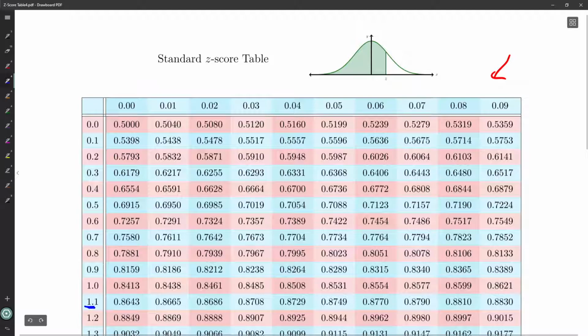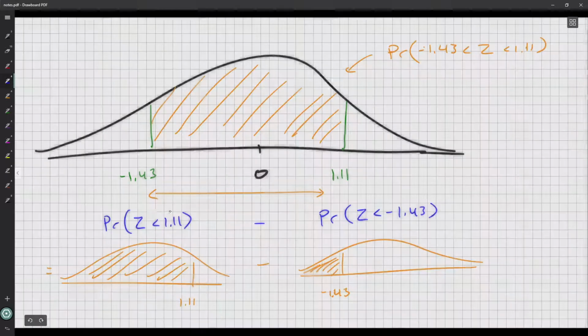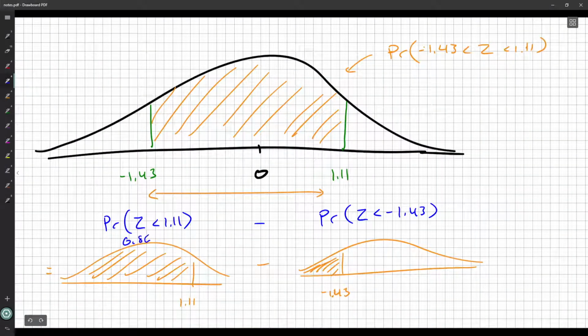The 1.11 is going to be 0.8665. But unfortunately, we don't deal with negative Z-scores with our table. Our table starts at 0.0 and only goes up. So we'll have to do a little bit of work.